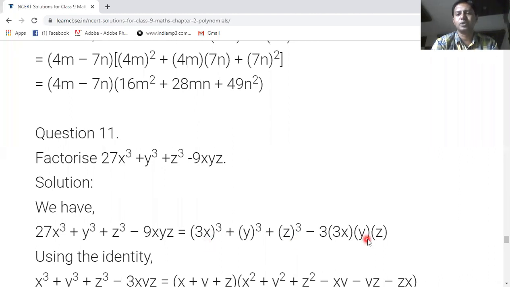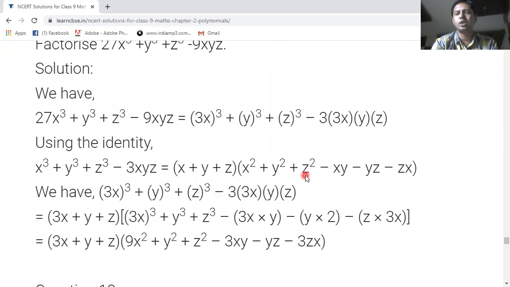Now we know the identity is x cube plus y cube plus z cube minus 3xyz is (x plus y plus z)(x square plus y square plus z square minus xy minus yz minus zx). We have these values: instead of x, we have 3x.